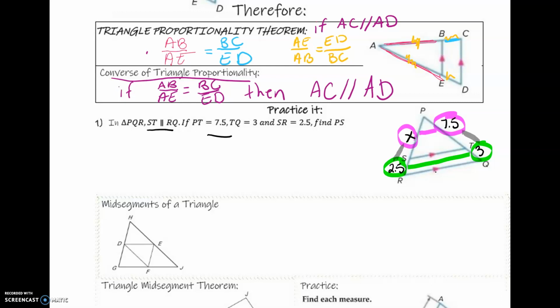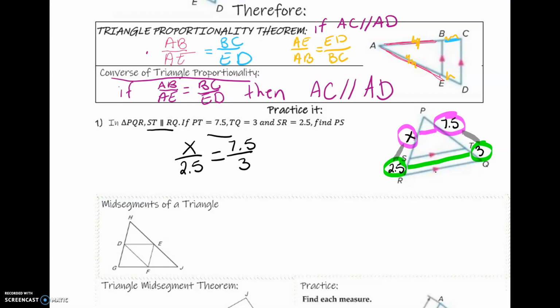So we're going to want to set up those proportions, cross multiply, or whatever you want to use to get X alone. So I'm going to write this out. I'm going to say it's going to go X over 2.5, same side, equals 7.5 over 3.